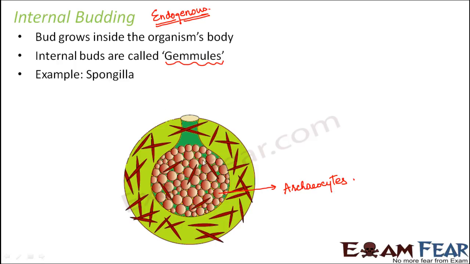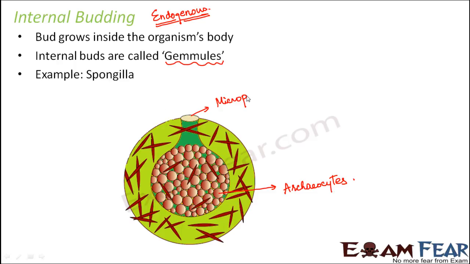And this is enclosed by a protective coat. So how do these gemmules operate? During unfavorable conditions, they just remain inside the protective coat. But when favorable conditions return, these archaeocytes come out through the micropyle end. This opening is called the micropyle.